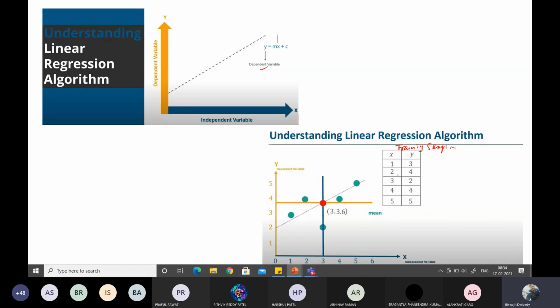These are some of the points given to us, the collected data, or you can say the data which we can use as reference. Here we have located those data: this is your (1, 3), this is your (2, 4), this is your (3, 2), like that. There are 5 points. Blue color points are your training samples.